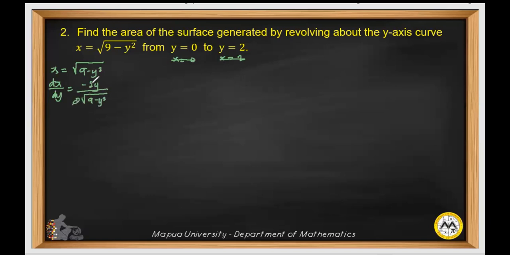And of course, we can cancel 2, so that the derivative of x with respect to y is equal to negative y over the square root of 9 minus y squared.